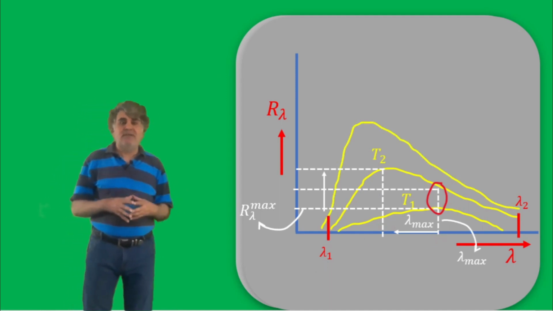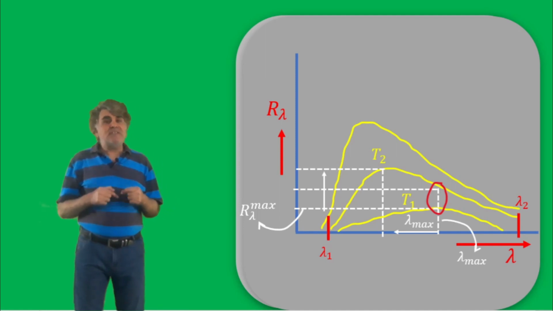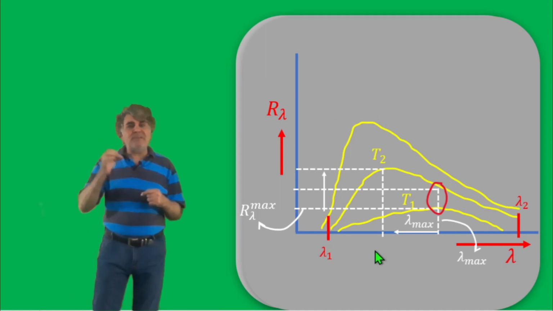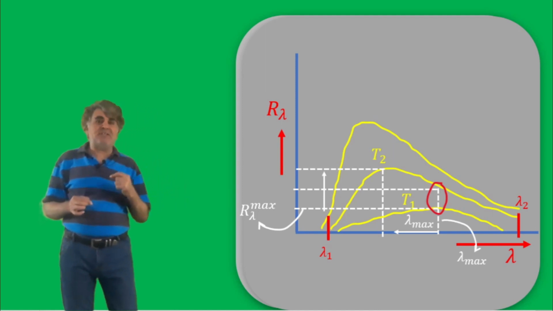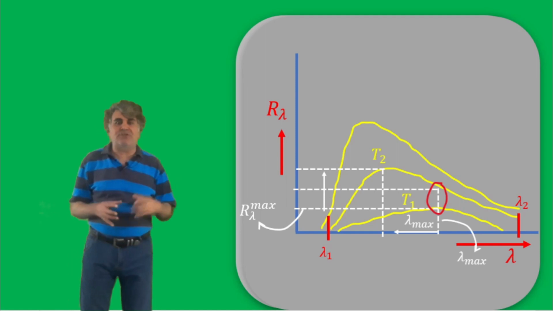temperature T1. If we keep on increasing the temperature and plot the emissive power against every wavelength, the same behavior is repeated for every larger temperature.